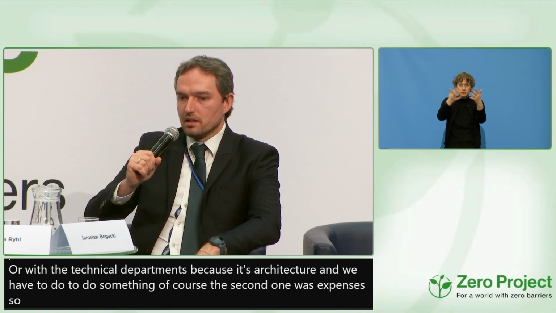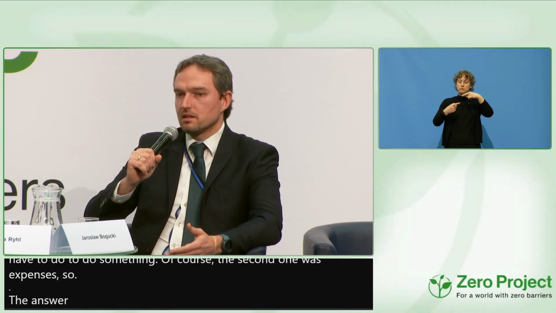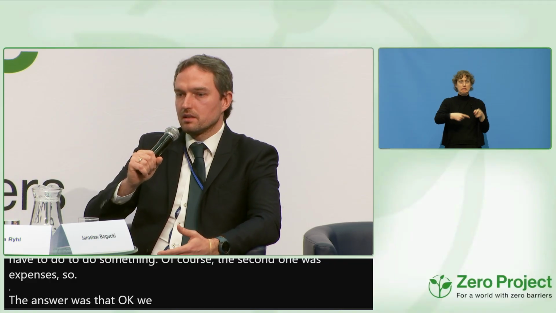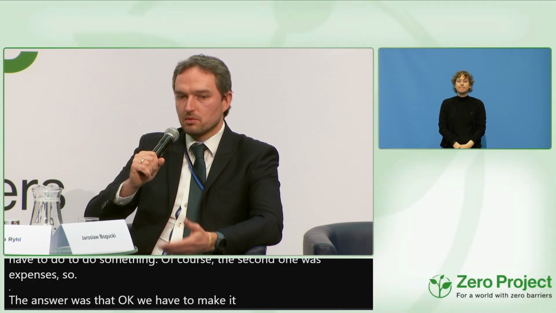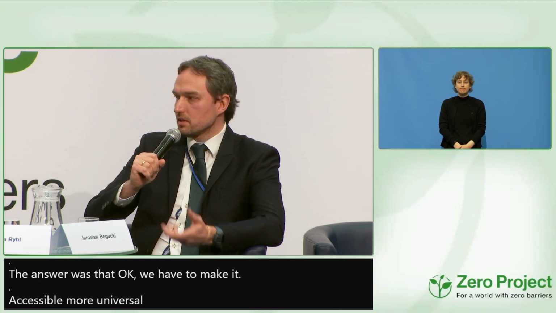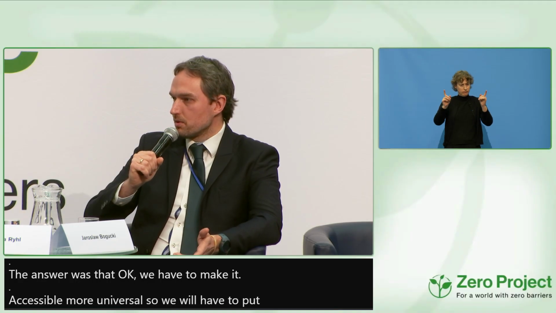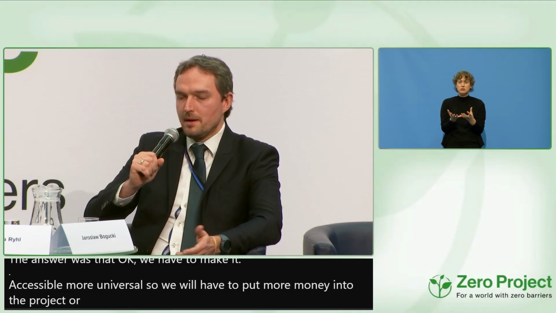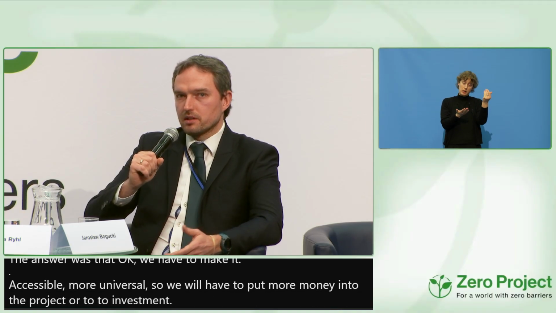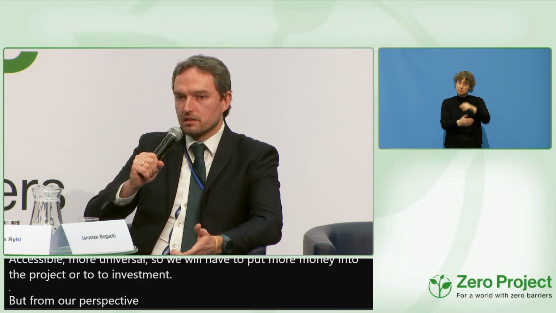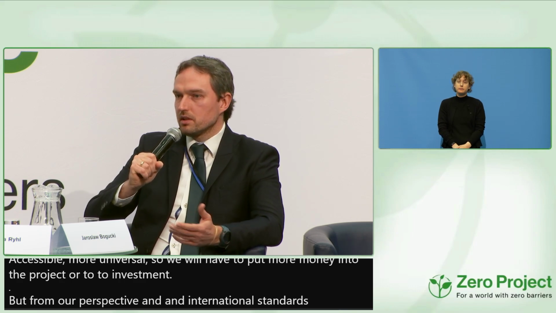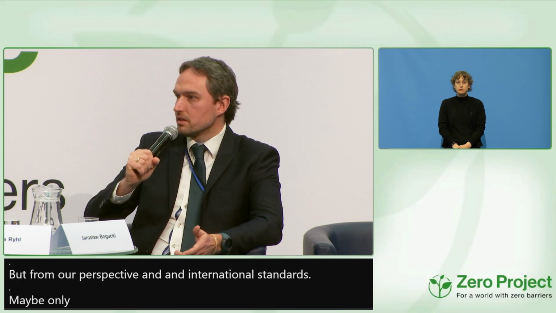So the answer was that, okay, we have to make it accessible, more universal, so we will have to put more money into the project or into investment. But from our perspective and international standards, maybe only residential projects.